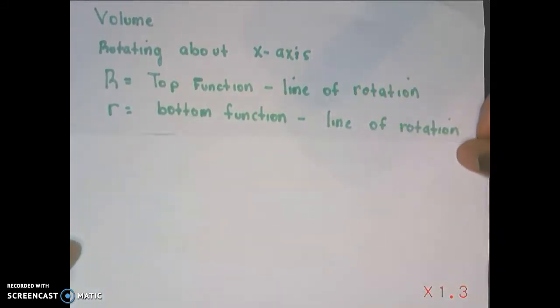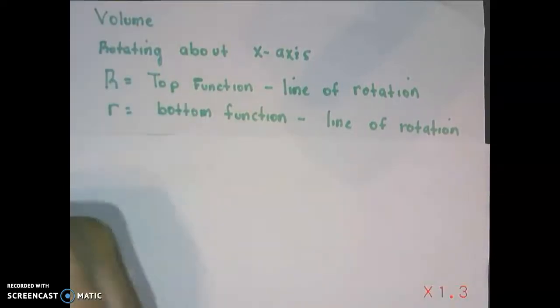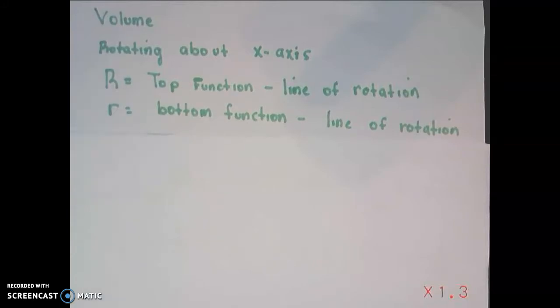But remember, I told you that we're only going to talk about the volume when rotating about a horizontal line. Since we're rotating about a horizontal line, and the x-axis is a horizontal line, this works for any type of rotation about a horizontal line if the line of rotation is below the graph.